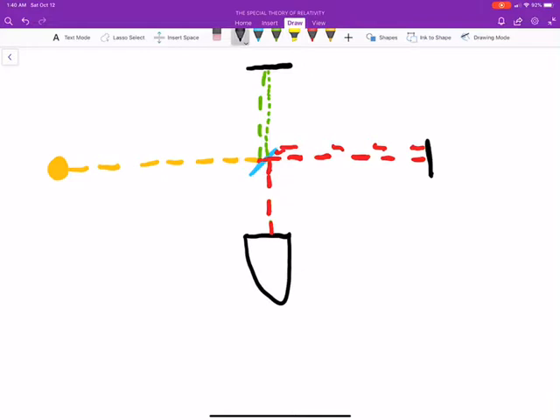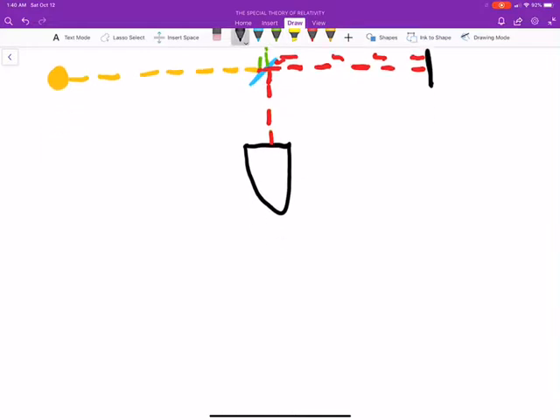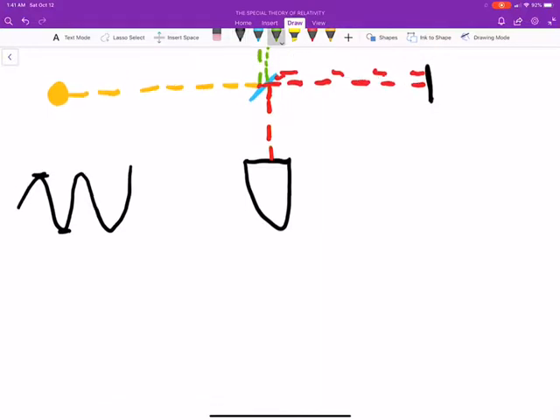And here's the idea. When these lights merge together, you're going to get either constructive or destructive interference. So if they're in phase, let's say we have a light wave and it's doing something like this. If it's in phase, then the amplitudes here, they'll match. So let's say this is the green one.